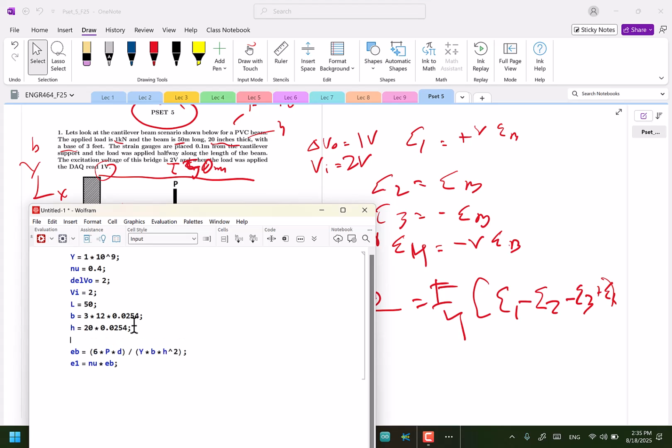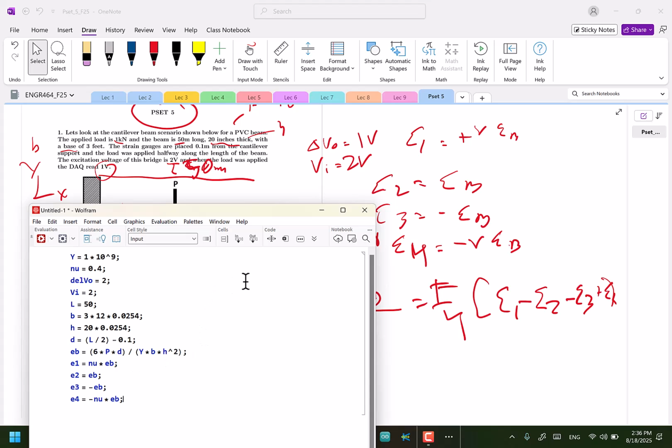I know that my D is going to be equal to L divided by 2 minus 0.1. And then excellent. So E2 is equal to EB. E3 equals minus EB. E4 equals minus nu times EB.